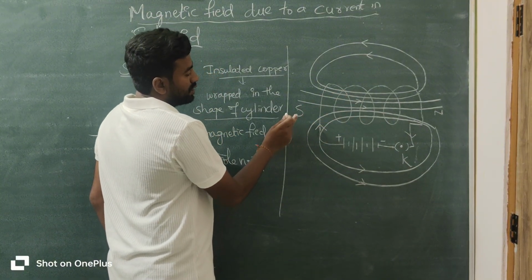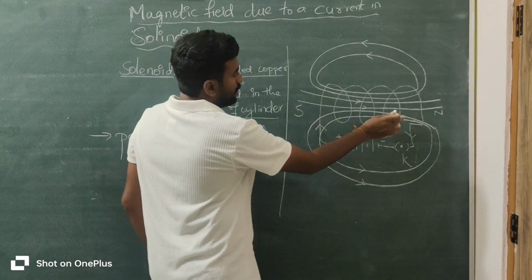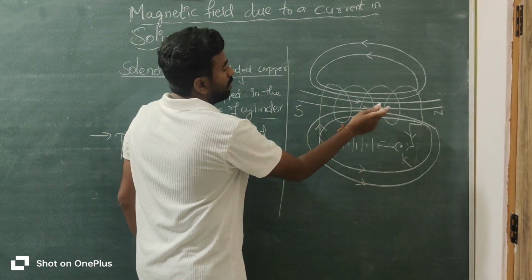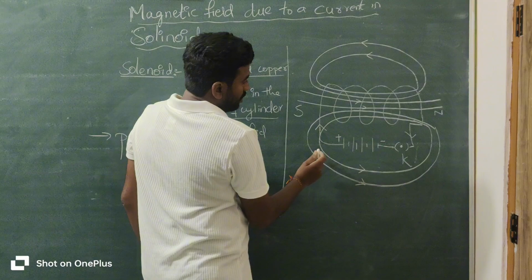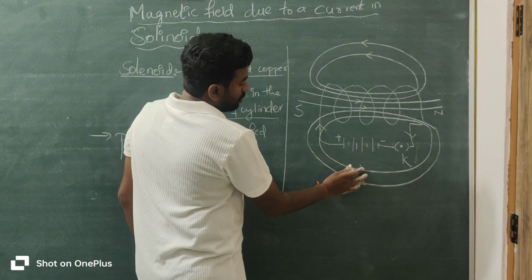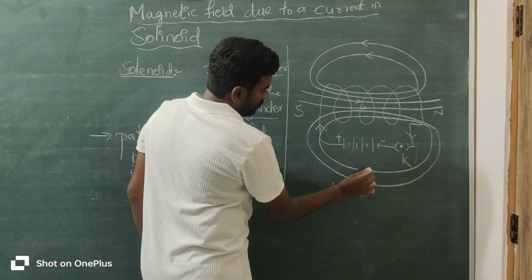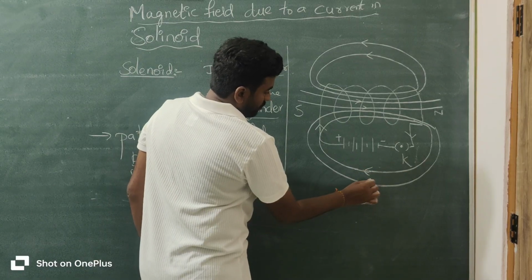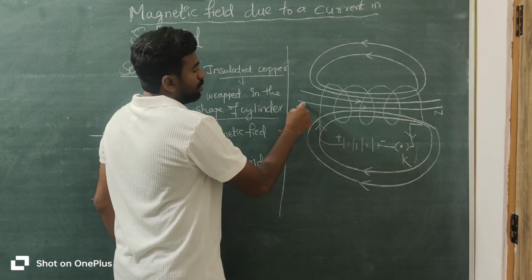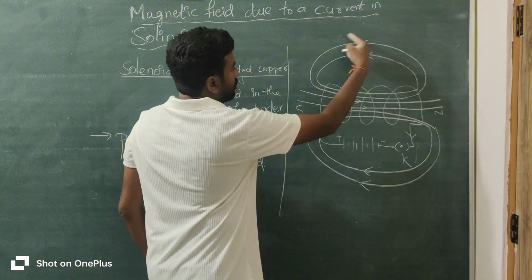The magnetic field direction at the center is south to north, and outward it is north to south. Inward south to north, outward north to south.